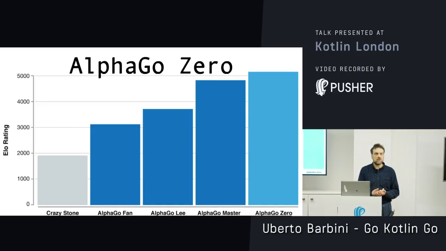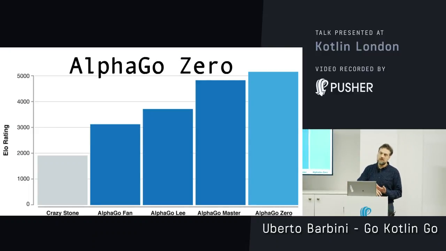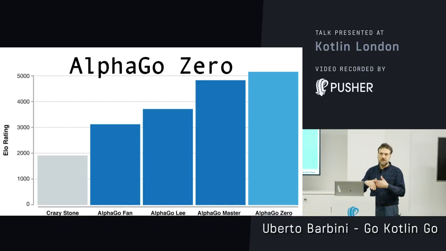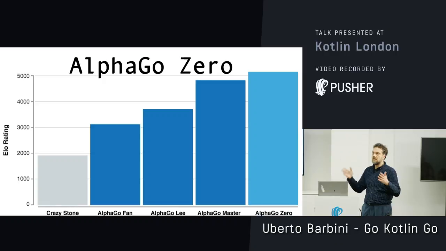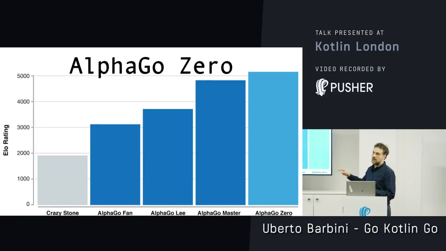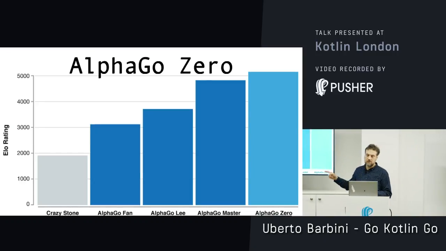It was also interesting because the old versions of AlphaGo were learning the deep learning part using all the games humans played before. But AlphaGo Zero started from scratch. So basically, they trained the net on itself. But we'll talk a bit more about deep learning at the end of the talk.